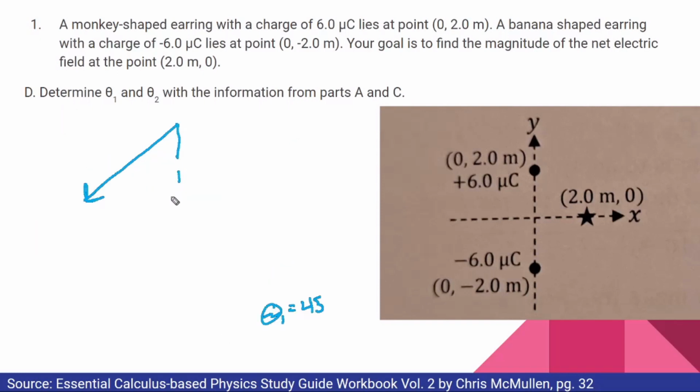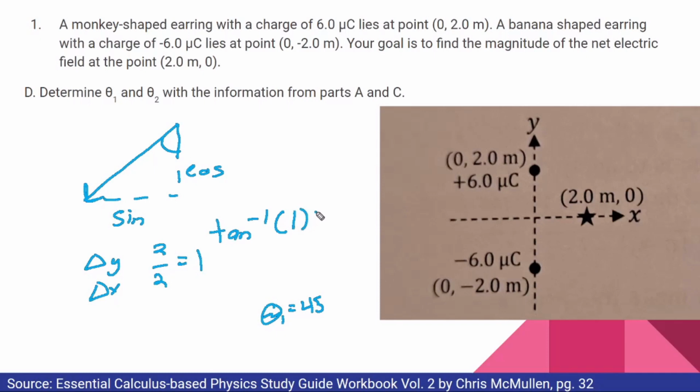And now when we look for angle 2, using this as our reference angle, we get the very similar sine and cosine, and we get that the change in y is 2, while the change in x is also 2, and therefore our tan is 1, so we plug this into our inverse tan and also get 45 degrees.